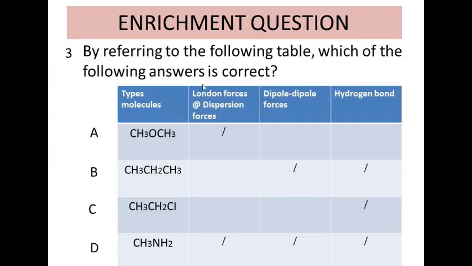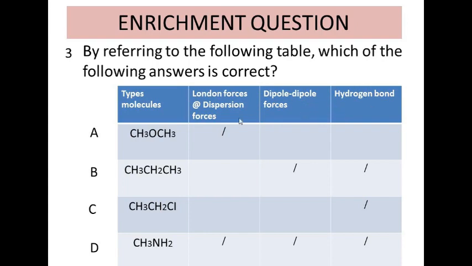Question number 3. By referring to the following table, which of the following answers is correct? So we have 4 types of molecules, molecules A, B, C, and D. So we have London forces or dispersion forces, dipole-dipole forces, and hydrogen bond.